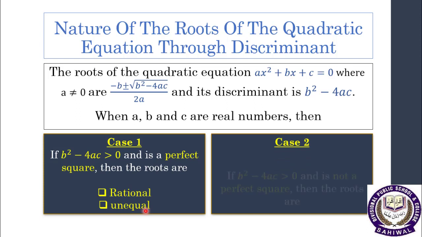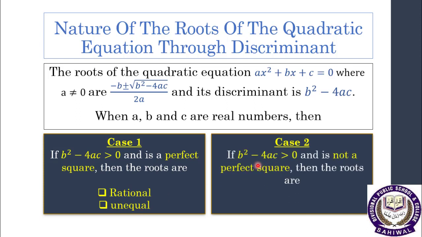In case 2, if the discriminant b square minus 4ac is greater than 0 and it is not a perfect square, means this positive number we obtained as a discriminant is not a perfect square, then the roots are irrational and unequal.